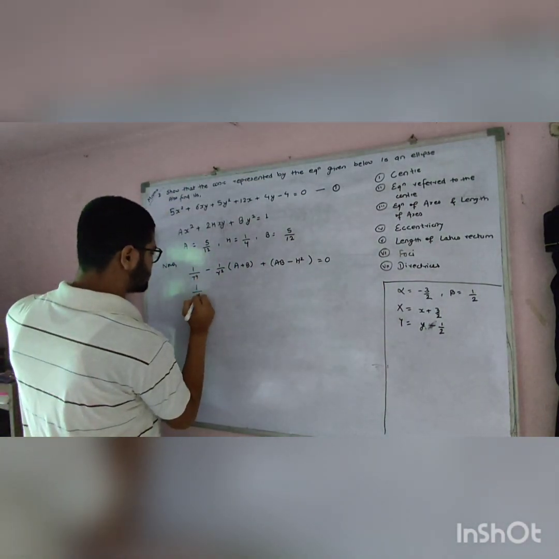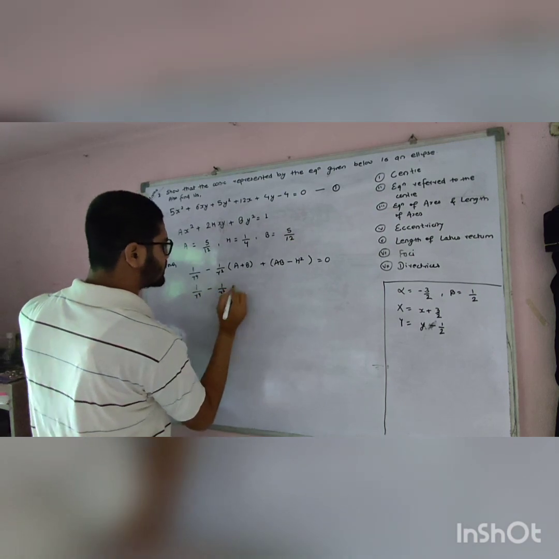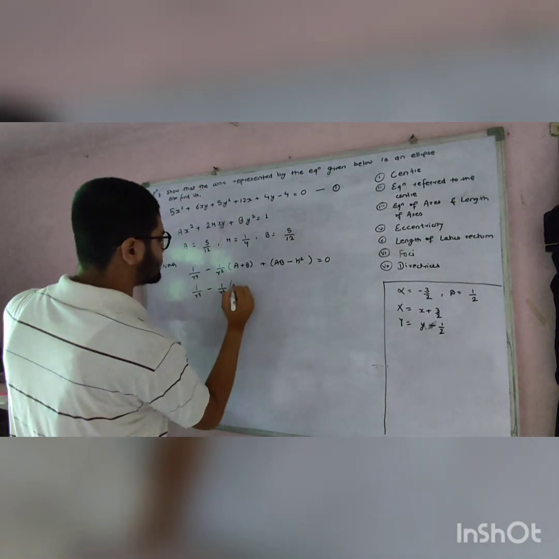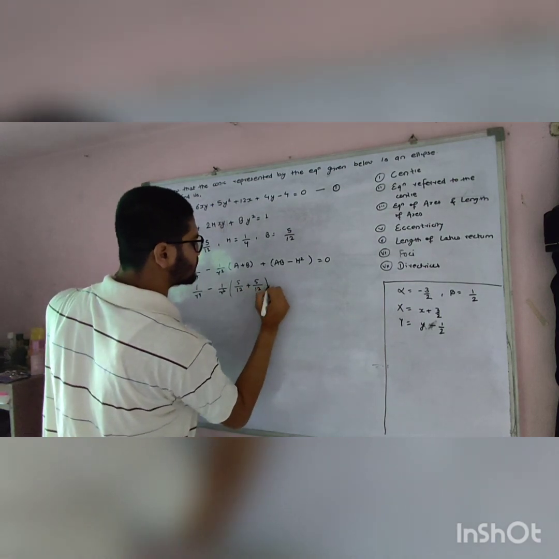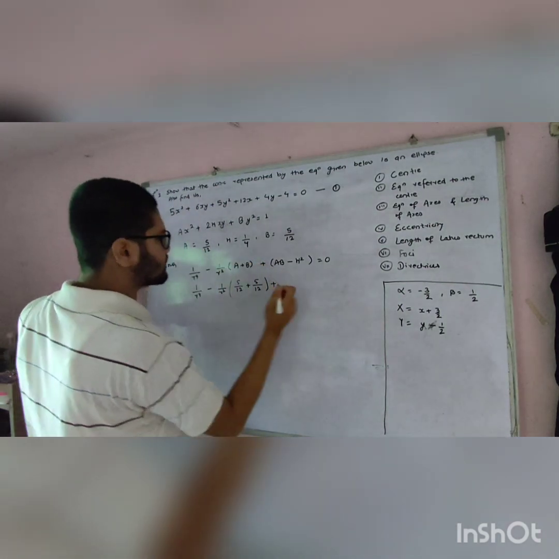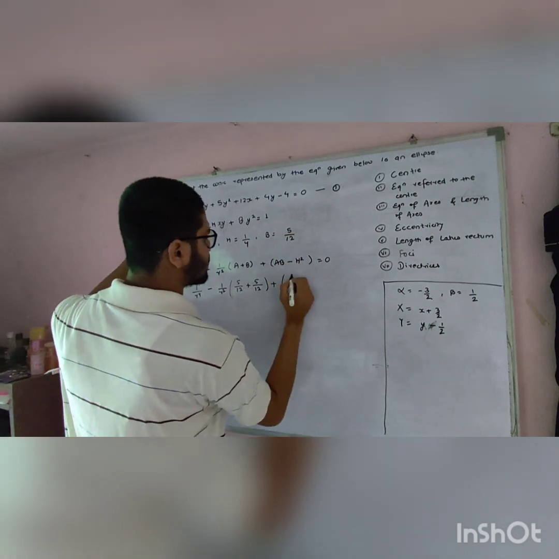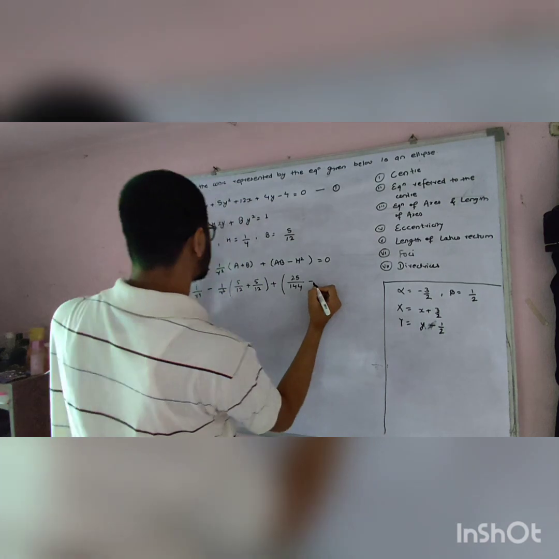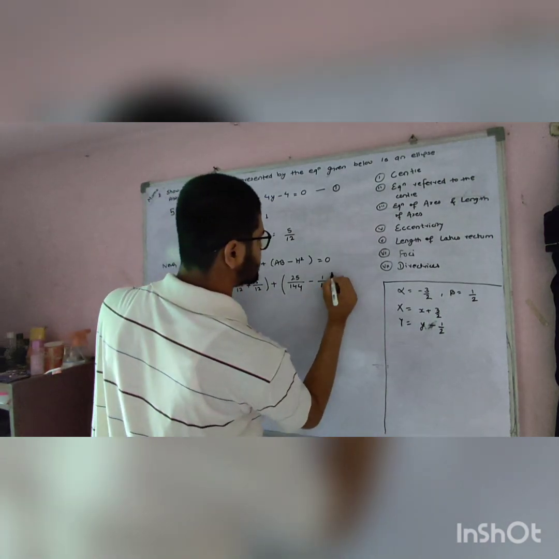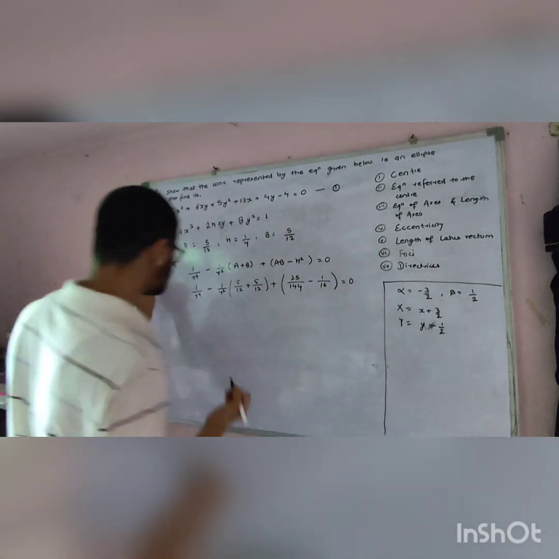So I'm doing that. 1 by r square, this is a plus b, that is 5 by 12 plus 5 by 12 plus ab, I'm simply writing it as 25 by 144 minus h square, that is 1 by 16 equals to 0.